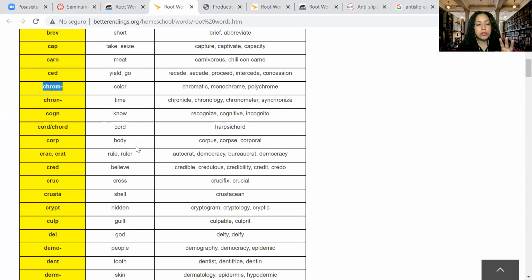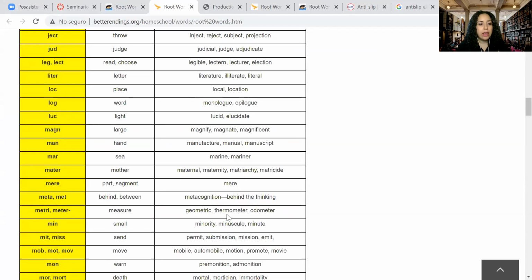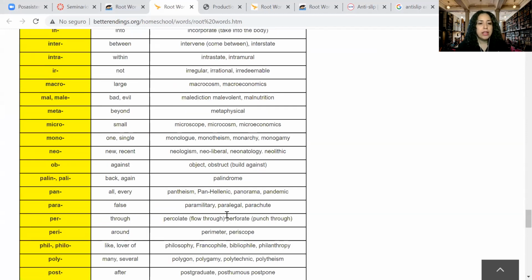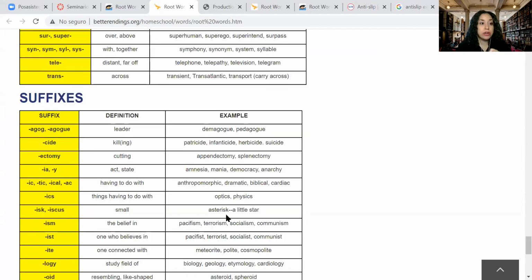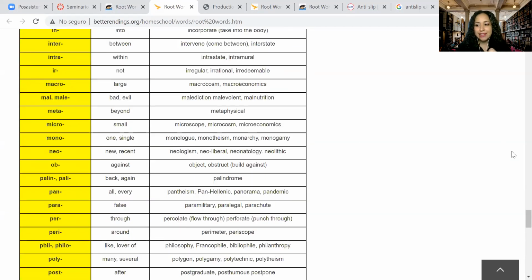You can go through examples over here also. You keep on going. You have prefixes the same way, but it's a nice long list. Suffixes and so on.